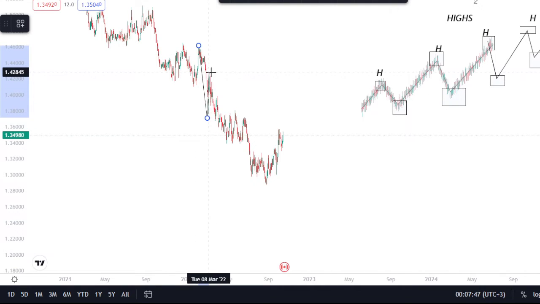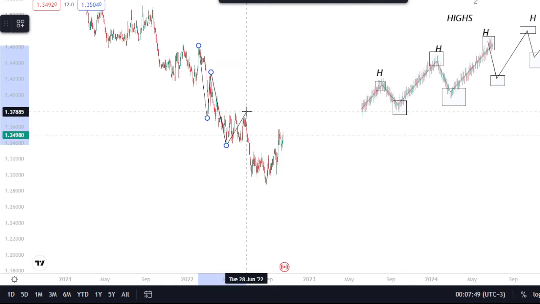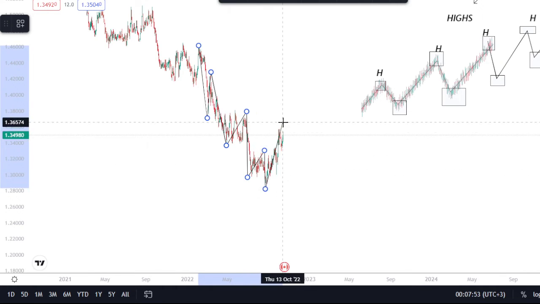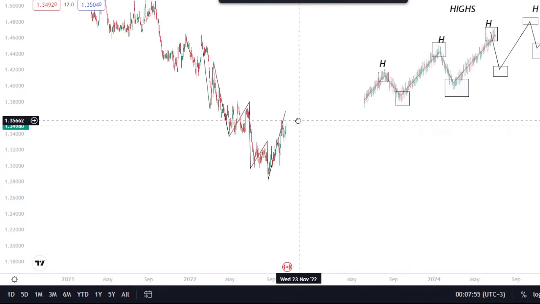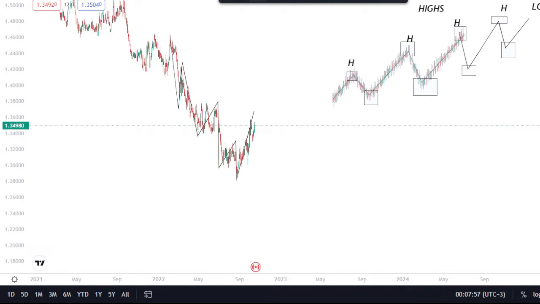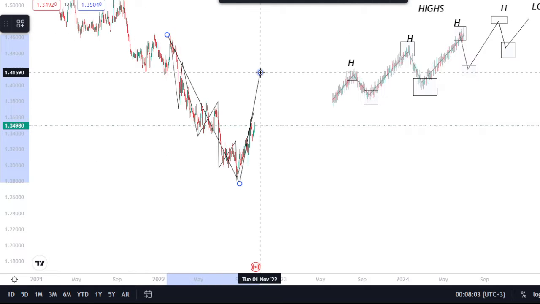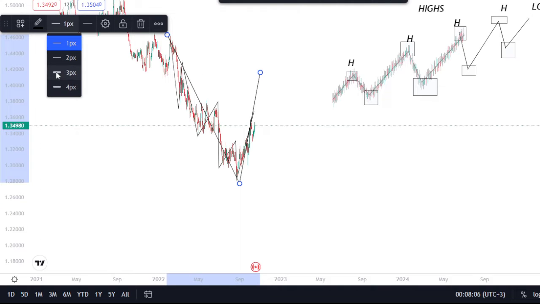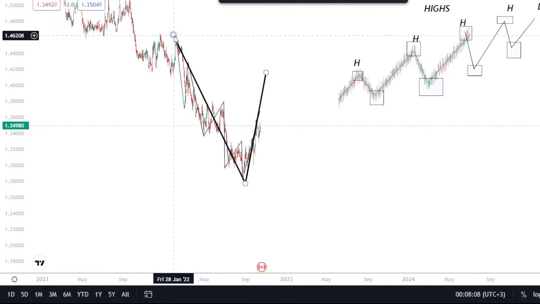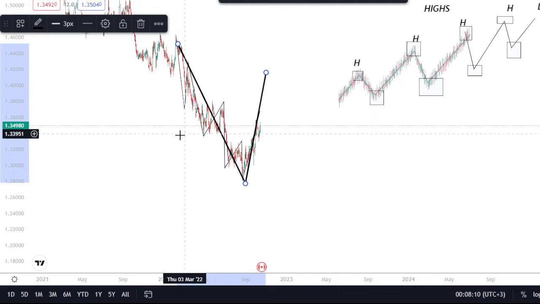Maybe this is a high, this is a low, this is a high, this is a low, this is a high. You see? Or maybe you can even represent this with one single trailing line, like this. You can even interpret it like this.